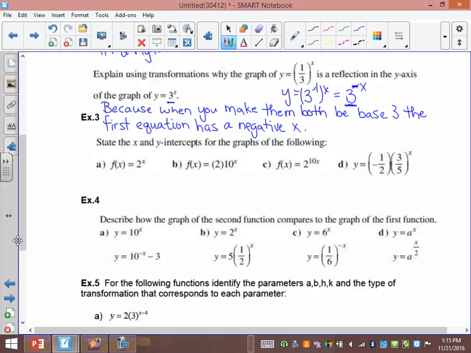Example 3 says, state the x and y intercepts of the following. Remember, if there's no vertical translation, what's your asymptote? y equals 0, right? If you have an asymptote on y equals 0, do you have any x-intercepts? No, because your asymptote is on the x-axis.